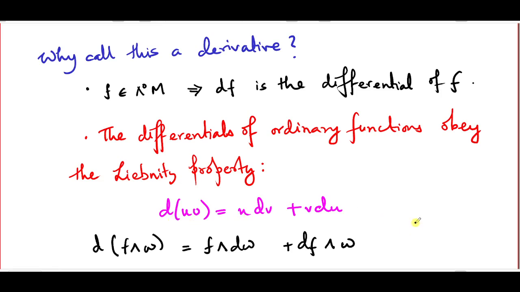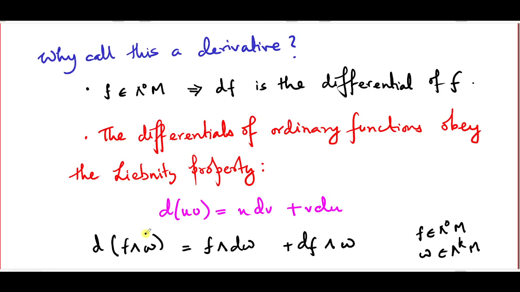But remember, here we have f, which is explicitly a 0 form, and omega, a k form. We might be tempted to ask if instead of a 0 form and a k form, we had a k form and an L form taking part in the wedge product here, would you have a similar property?